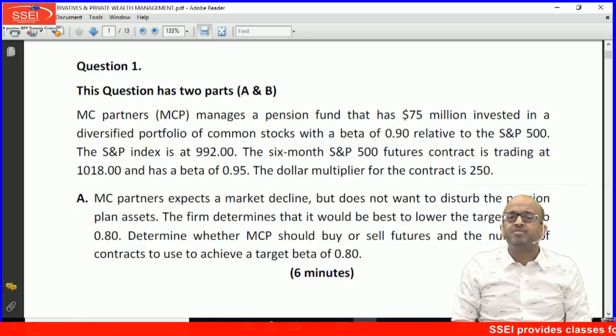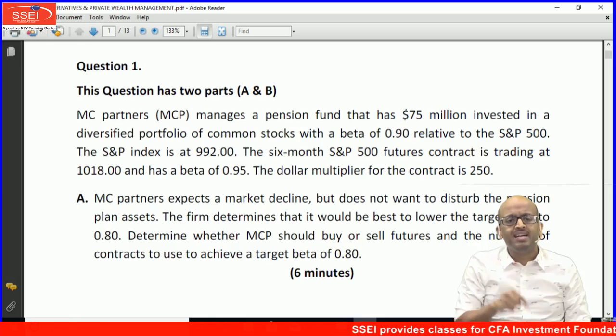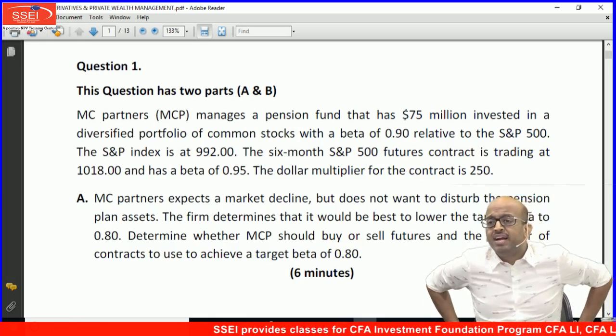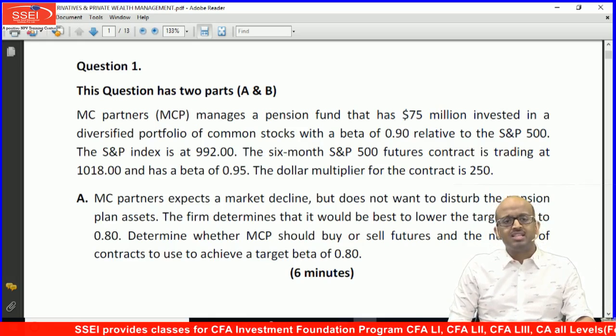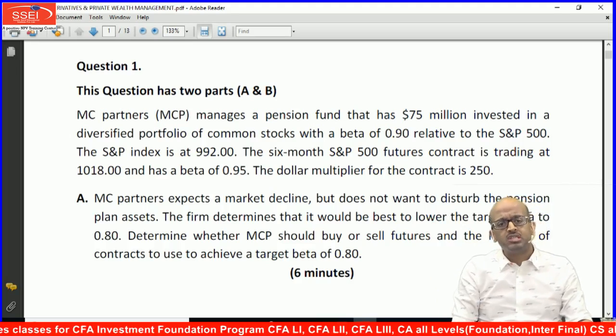What is Mr. A afraid of? The S&P index falling. So to hedge, he should go short on S&P index futures.